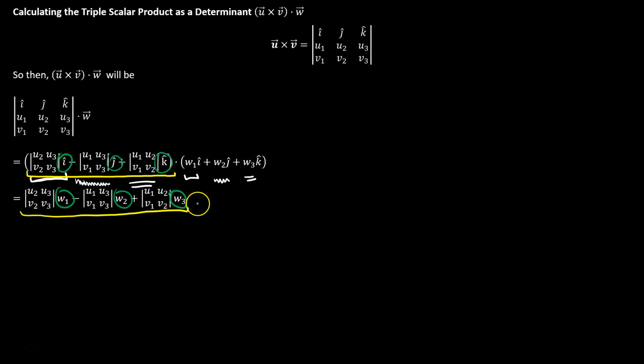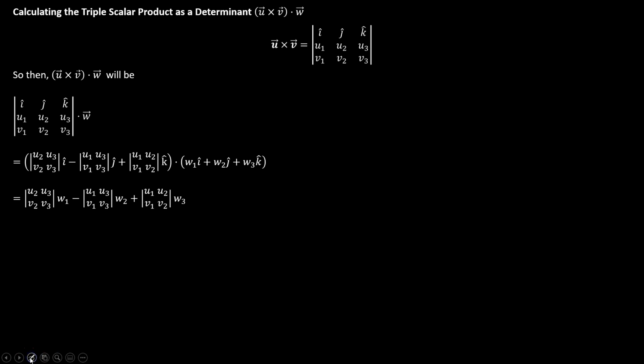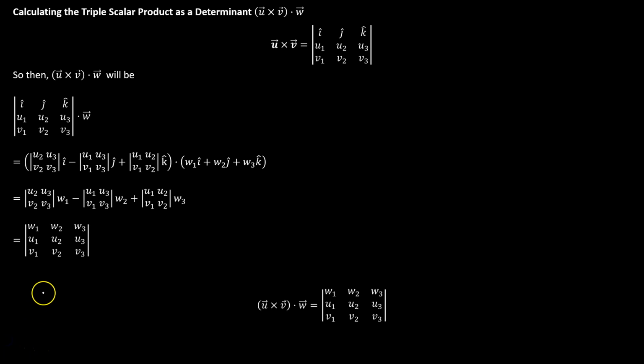So from here, we're going to kind of rewind and tuck that right back into a matrix. The W1, W2, W3 was in the same position as the I, the J, the K, so we put it back up in the top row like how the I, J, K used to be.